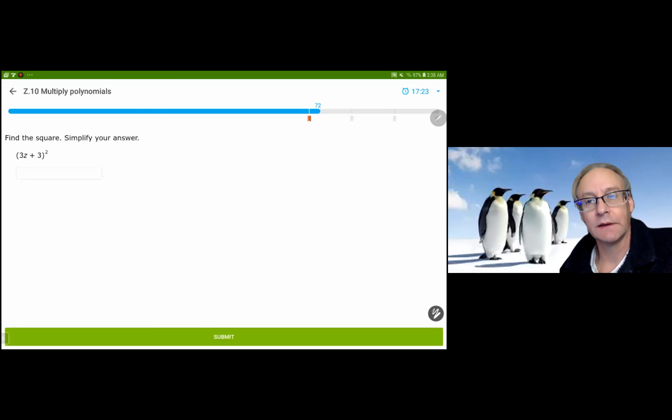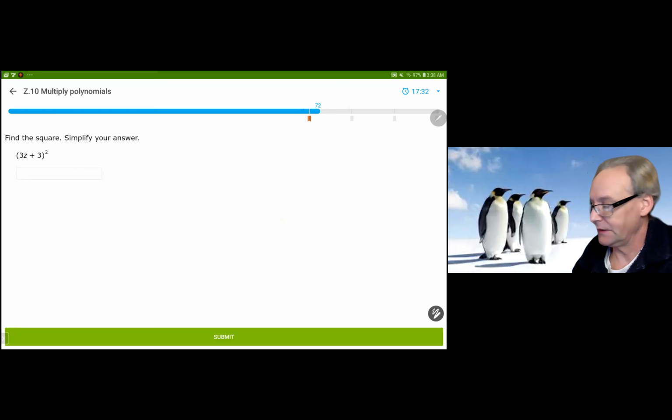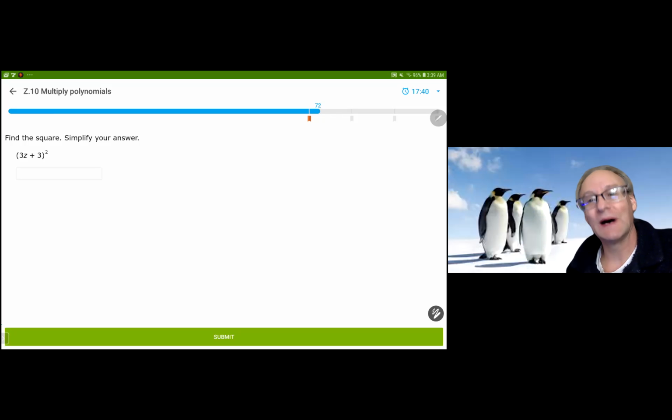Now we're squaring. Be careful. You cannot distribute squares over addition, only over multiplication. And we'll talk about why that's true. If you go back to the exponent section, when I finally get around to doing them, I'll explain why you can distribute squares over multiplication.